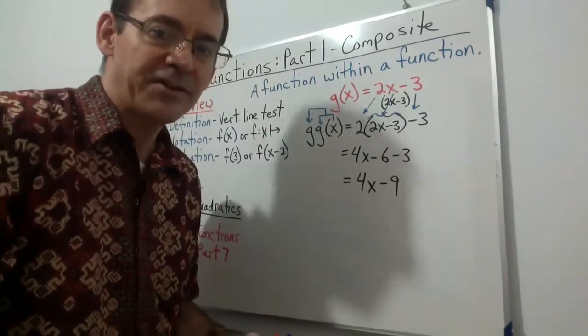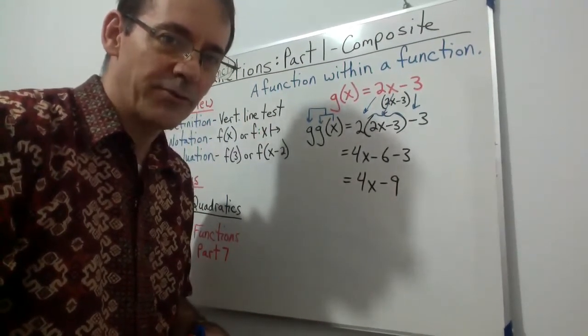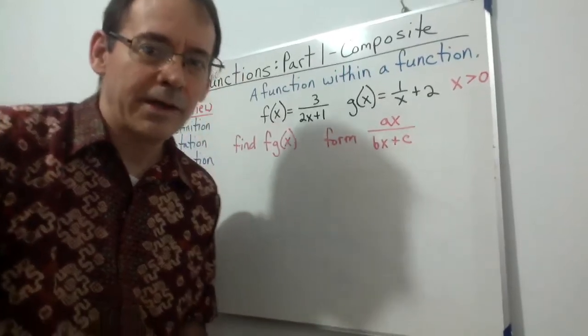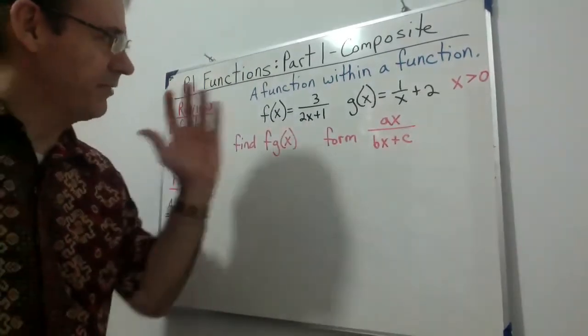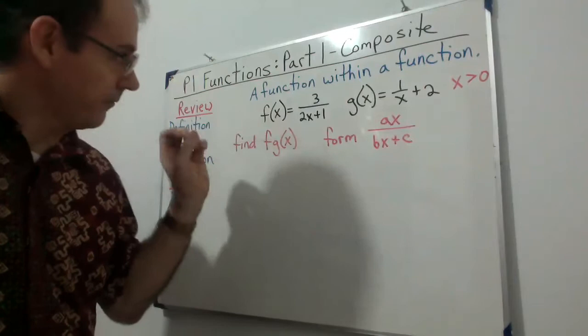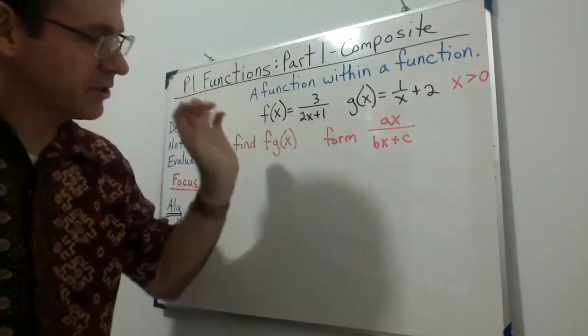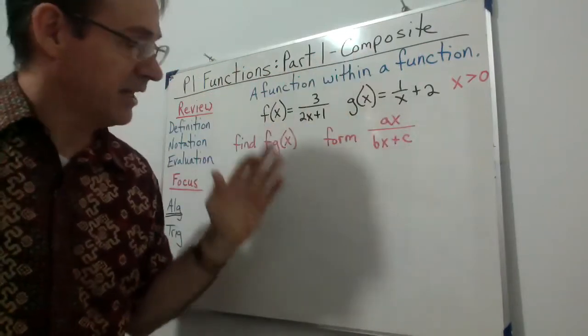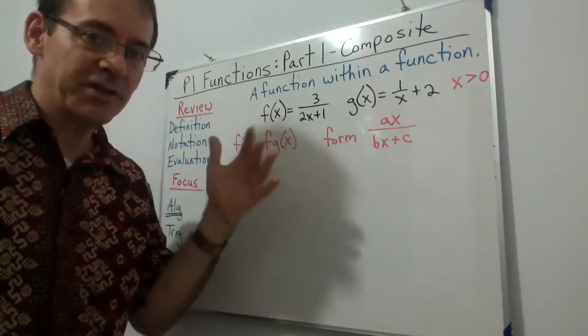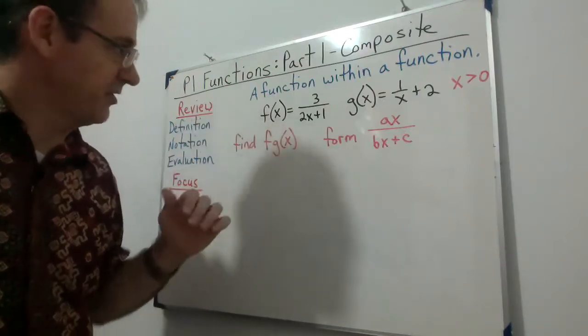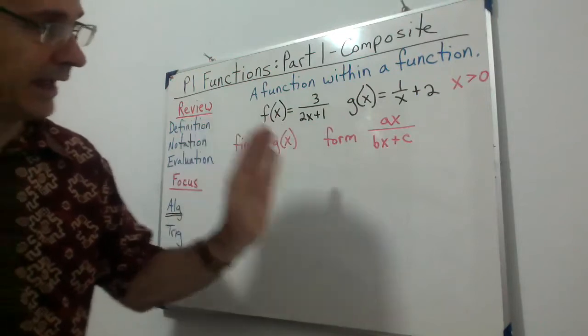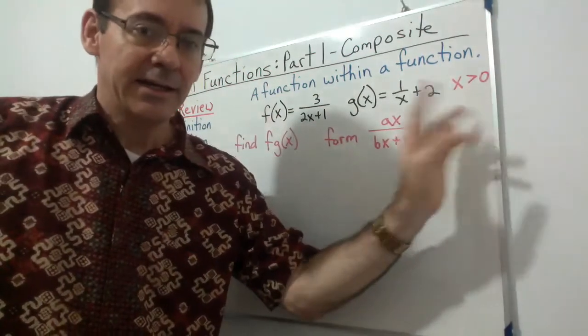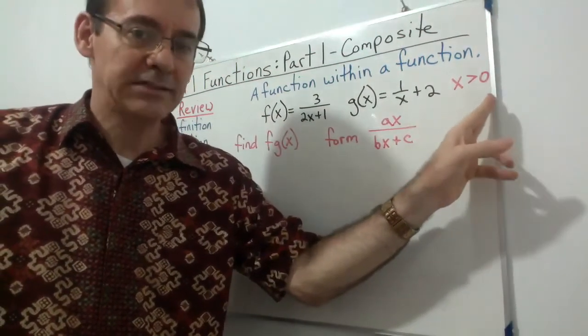So let me set up an example and we'll go from there. Okay, here we have another example where we have an f of x function and a g of x function. They're a little bit more complicated. It wasn't as simple as the linear one that we just saw in the previous example. And off to the side, Cambridge provides for you a domain statement.